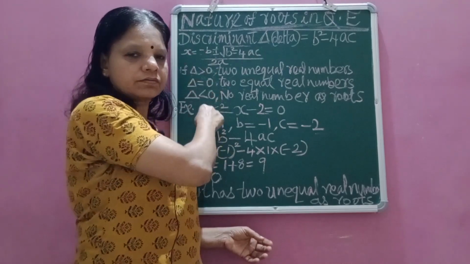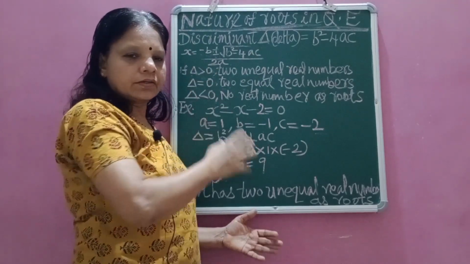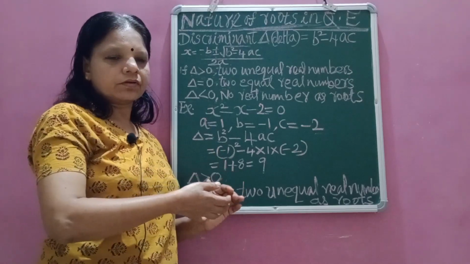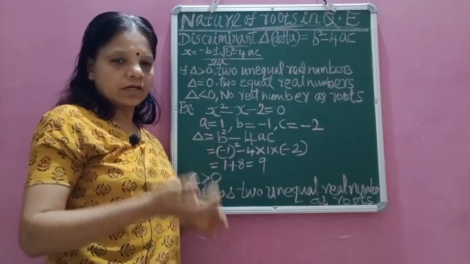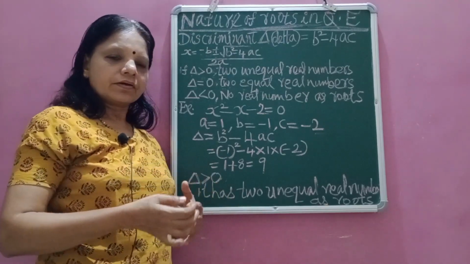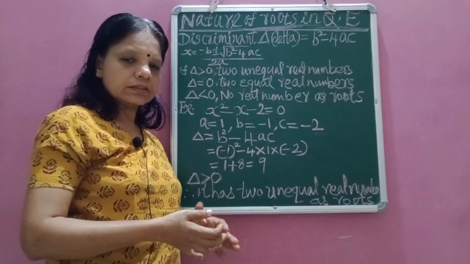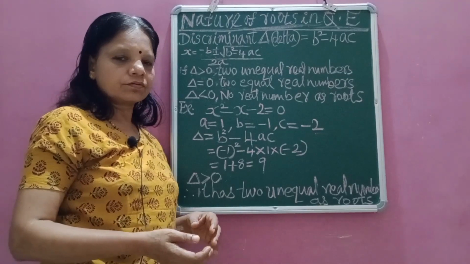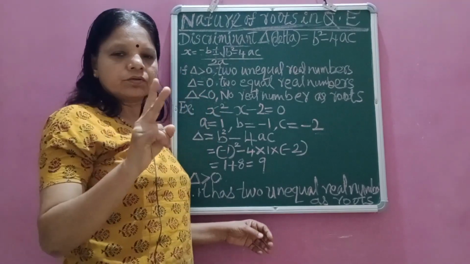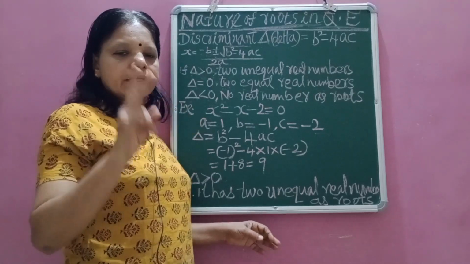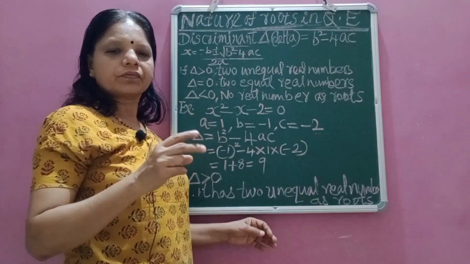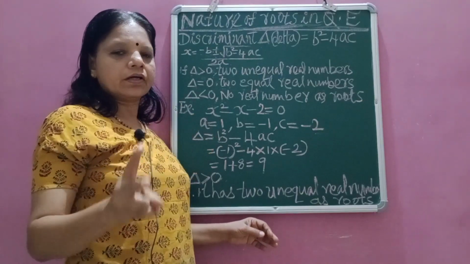These are the three cases. Either b square minus 4ac is positive, or b square minus 4ac is 0, or b square minus 4ac is negative. These are the three possible cases. So when it is positive, you will get two unequal real numbers. When it is 0, you will get two equal real numbers.